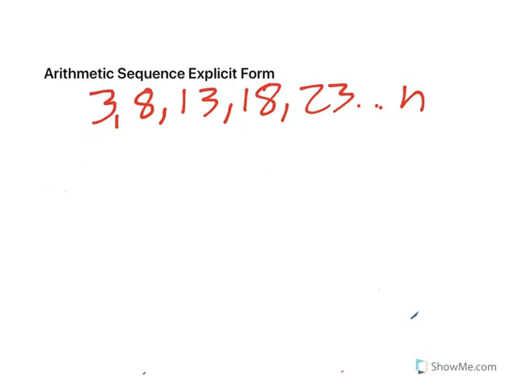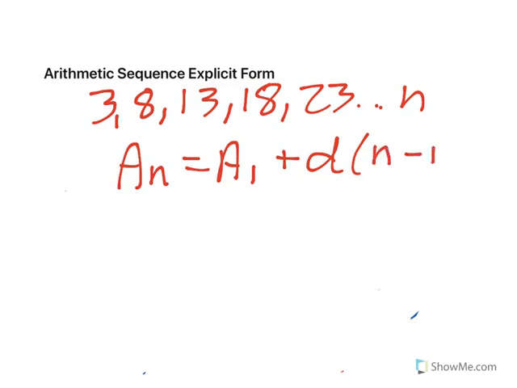So let me show you the general form again. a sub n is equal to a sub 1 plus d times n minus 1. The information you need is a sub 1 and d. Once you do that, you just plug them in, distribute, simplify, and then you have your explicit form.